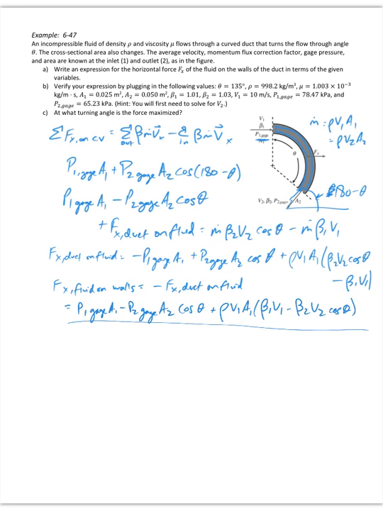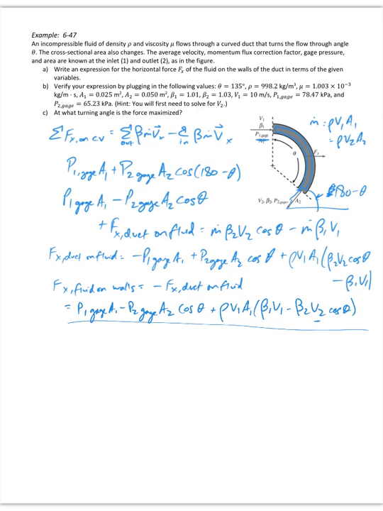Part B says verify your expression by plugging in the following values, and it gives me a bunch of values there. Okay, so the only value it doesn't give me here that is in my equation down here is V2. So I need to solve for V2.